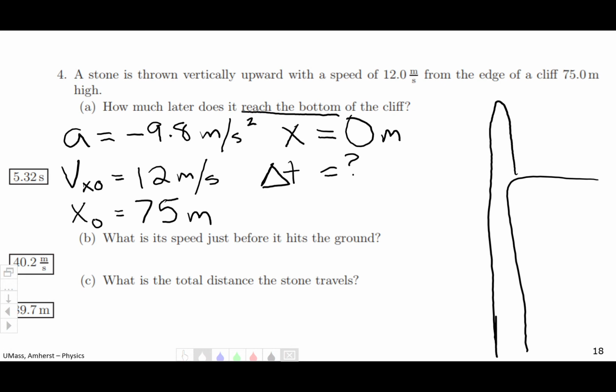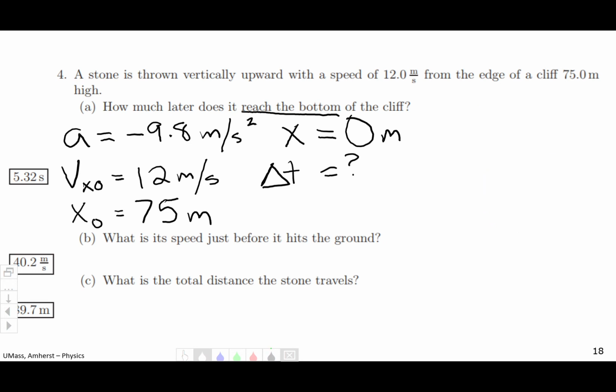So what we could do is solve for this time, determine the velocity that it's moving when it hits this point right here, and then add those times together. So why don't we go ahead and do that?